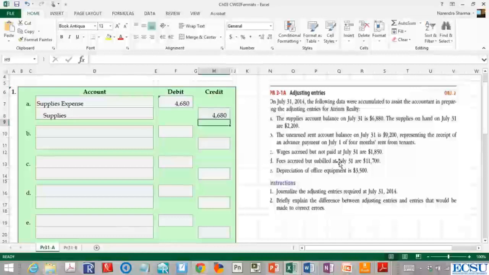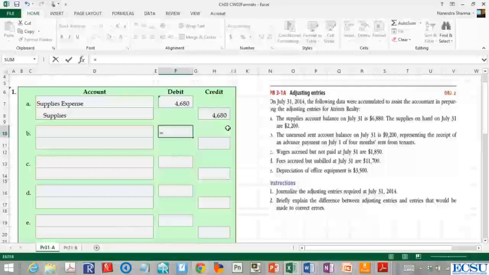The second journal entry, it says the unearned rent account balance on July 31st, 9,200, representing the receipt of an advance payment on July 1st of 4 months' rent. So now you have to understand that 9,200 is for 4 months, and only 1 month's rent has been earned.